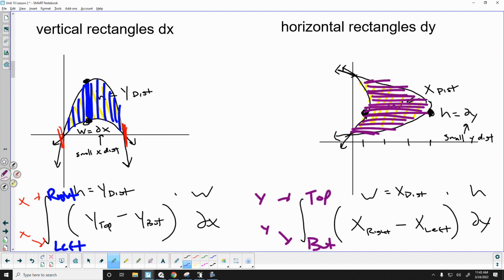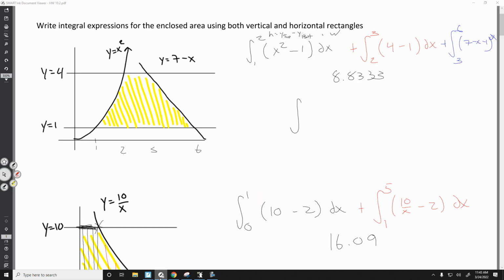Okay, let's see if we understand things. Let's go back to our homework and shift our perspective. Boom. Okay. Here is my rectangle with a width and a height. The width being an x distance.